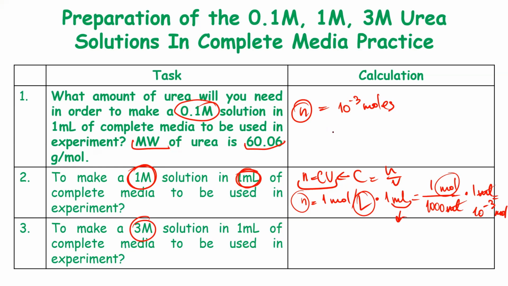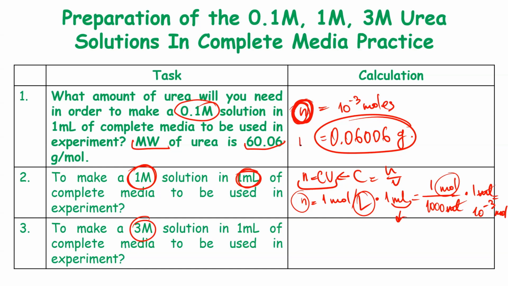Okay, so what do you get in the end? I get 0.06006 grams. Grams. Okay, so what is this thing, if you think about the concept itself?